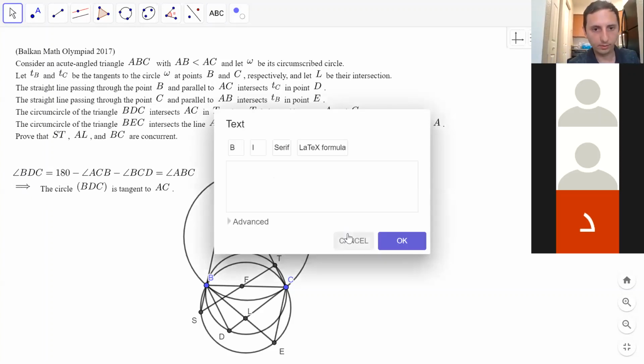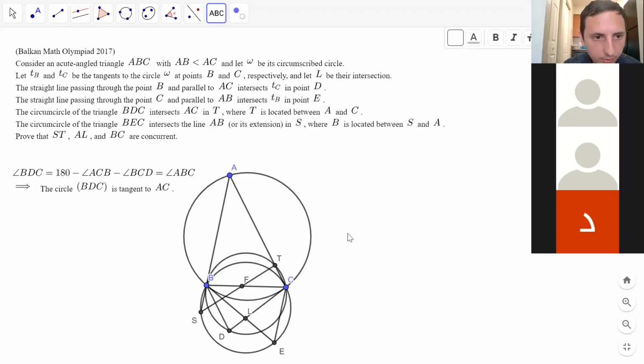So BDC is 180 minus ACB minus BCD, which is angle ABC. Okay, so the circle BDC.